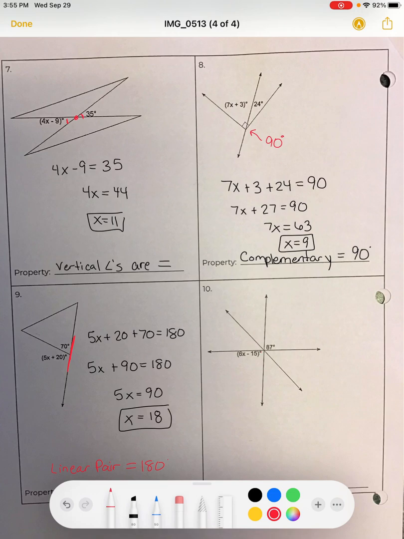This is a case where they share a vertex, okay, and they make this X shape. When you see the X shape and things are on the opposite side, then you're going to know that these two are equal. These are called vertical angles.